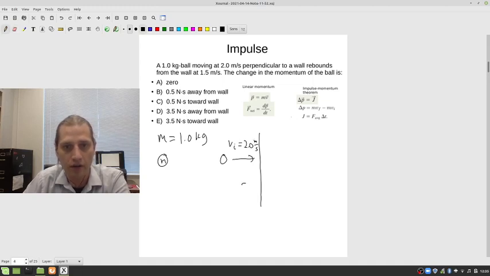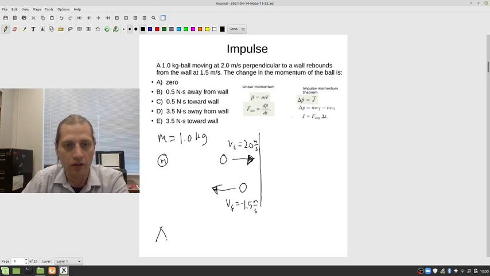And then the v final bounces off the wall, and your v final, in the way that I've drawn this, would be negative 1.5 meters per second. Okay, so the only thing I'm stressing here is that velocity has a direction. So plus, minus. Plus x direction, minus x direction.